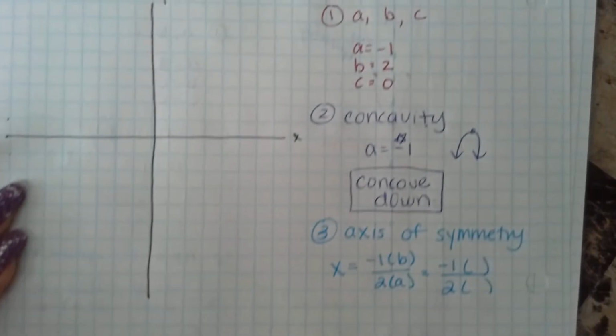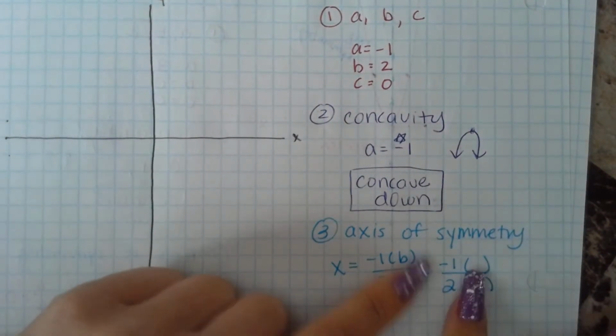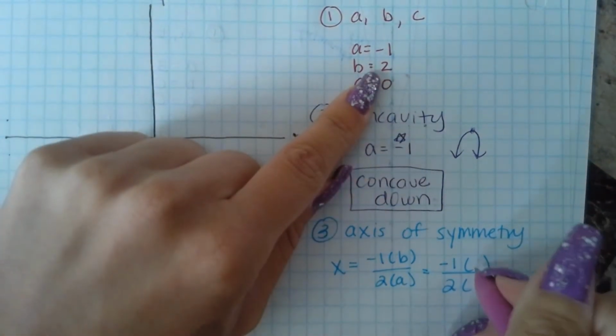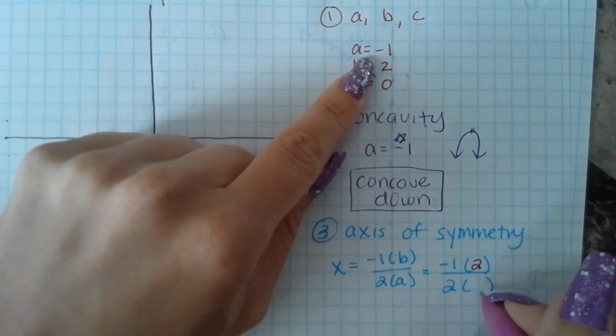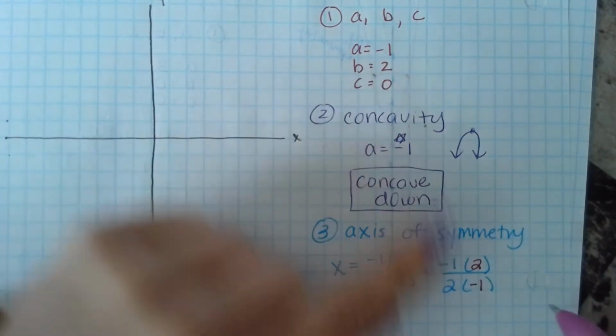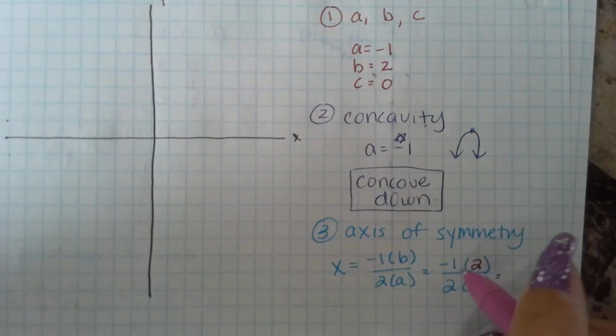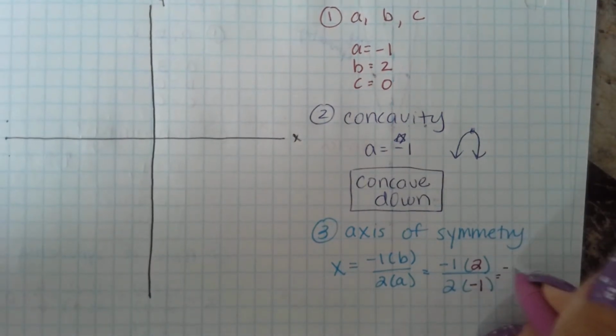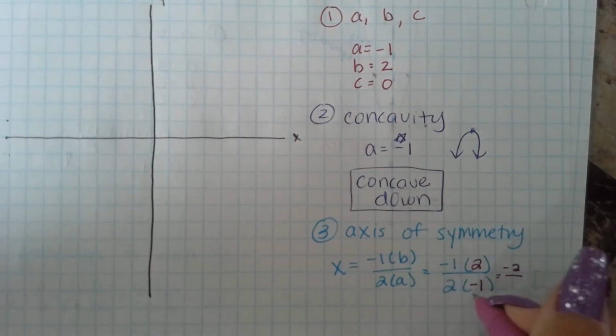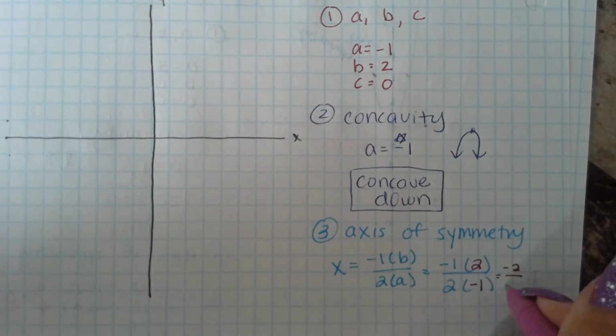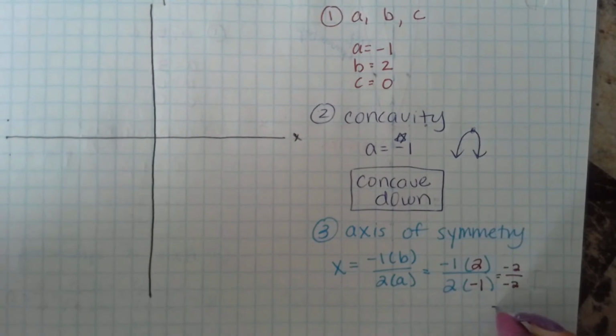Let's check back up here. Our b is 2 and our a is negative 1. See, I'm taking the signs, guys. Make sure you are taking the signs. Negative 1 times 2 is negative 2, and 2 times negative 1 is negative 2. Negative 2 divided by negative 2 is positive 1.